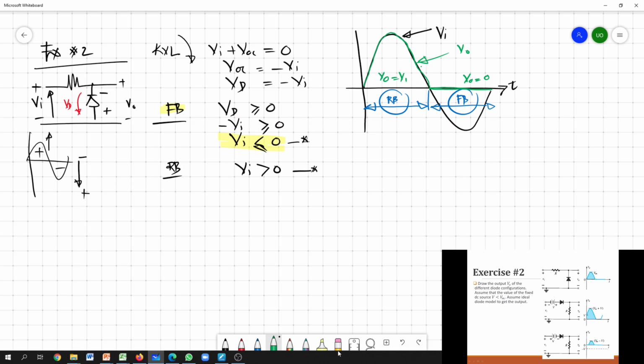So what about if we change the circuit to this? We'll add a source here. This is your input, and you have another source, diode, resistor, and this is your out.